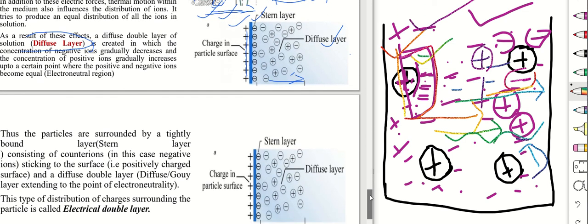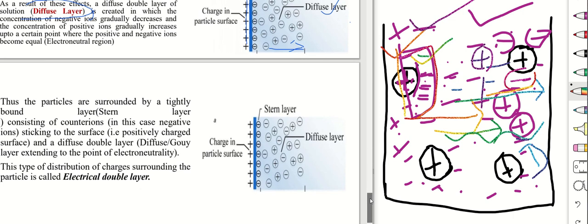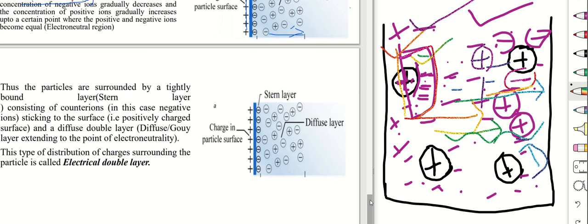Now let's see, this is known as the Stern layer and this is known as the diffuse layer. The diffuse layer is also known as the Gouy layer in a few literatures. Now there is one point where the negative ions and the positively charged ions exist in equilibrium, and that region is known as the electroneutral region.